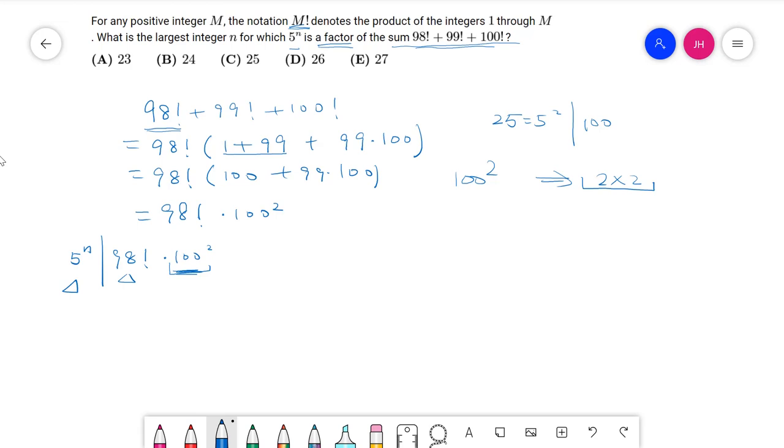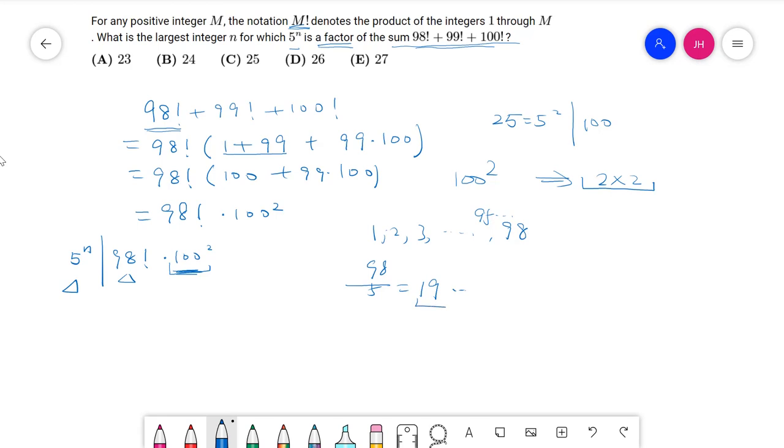Therefore, from 1, 2, 3, all the way to 98, how many such groups of 5 numbers do we have? So we have 98 divided by 5. So that's 19, with a remainder, right? We don't care about the remainder because the last multiple of 5 will be 95. So the remaining 96, 97, 98 doesn't matter.